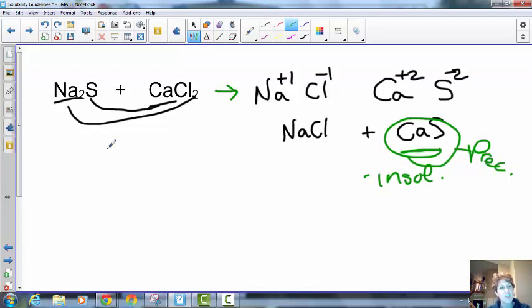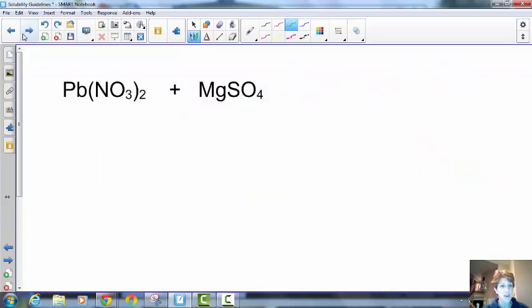Right? So if we actually combined this, this was aqueous and this was aqueous, so these would both be solutions in my tube. And when I form this new tube, I am going to have something that settles out. And it is either going to sink to the bottom or float up to the top. That's my precipitate.